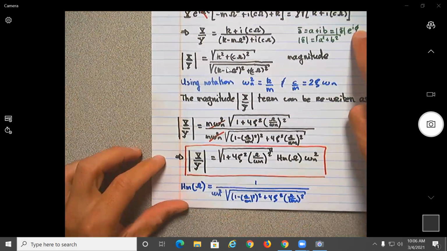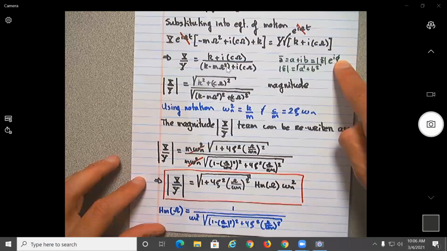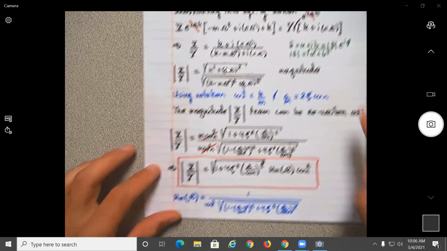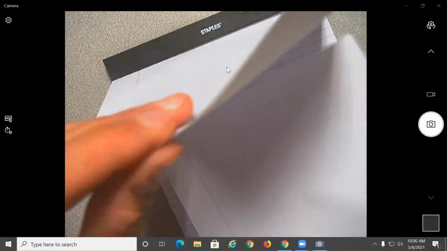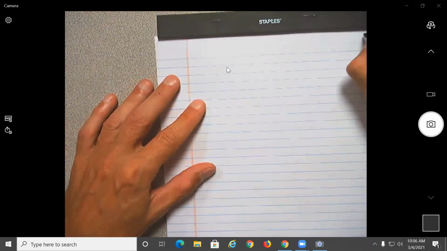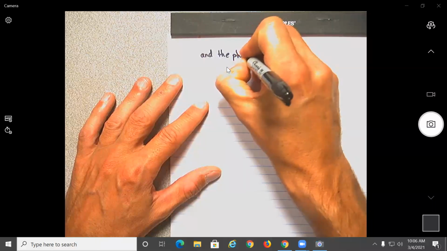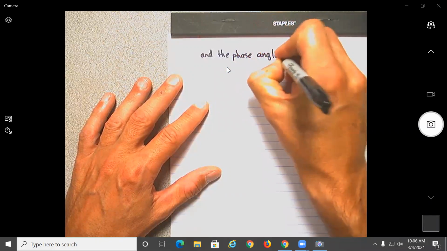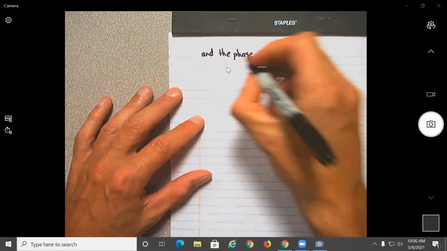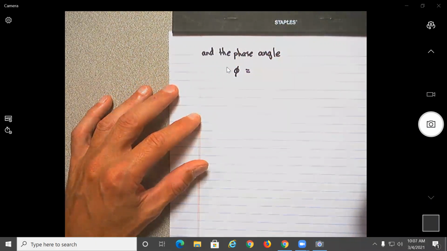Okay, and going back, now we need to determine what would be the angle here. So we find the magnitude, what would be phi? And the phase angle, which is phi, should be equal to what?